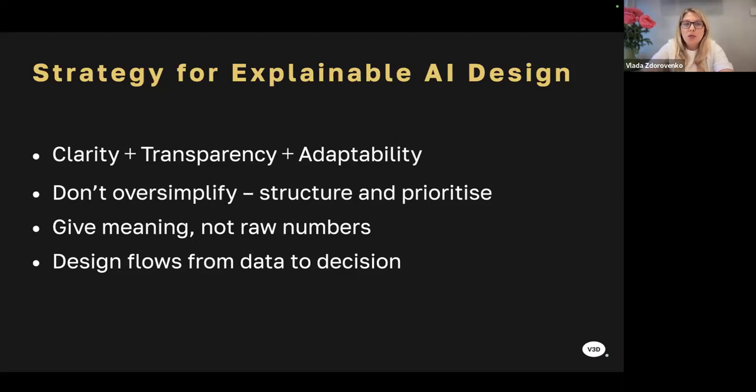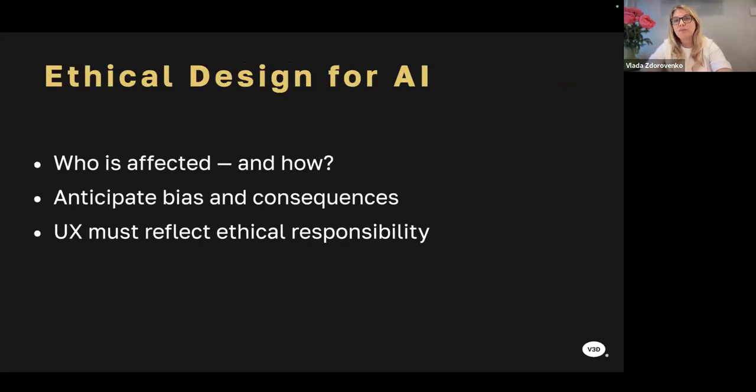And also when we talk about AI, of course, it's important to think about bias and ethical responsibility. Who is affected and how, anticipate bias and consequences. It's especially important in areas like finance and medicine, when the cost of a decision is quite high.